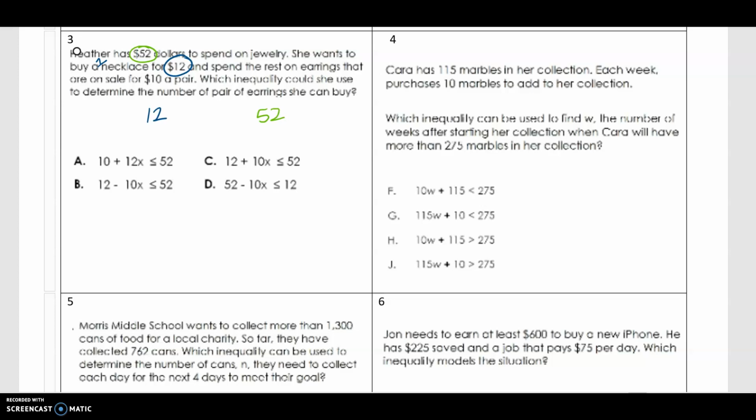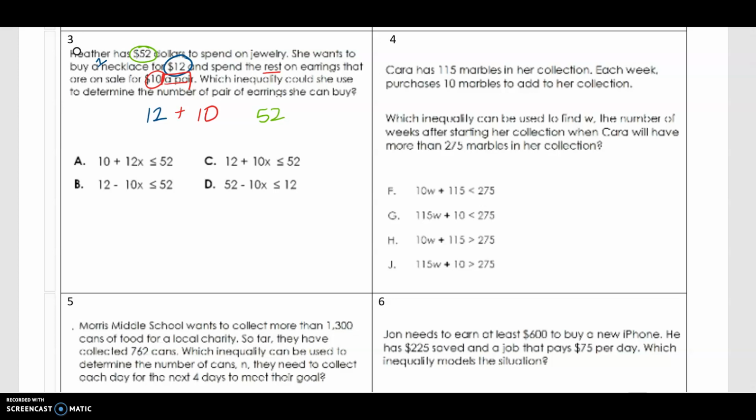And then she wants to spend the rest on earrings that are on sale for $10 a pair. So a pair is telling me that each one is $10. So if I got one, I would just be adding $10, right? If I bought one pair of earrings, it'd be $10.